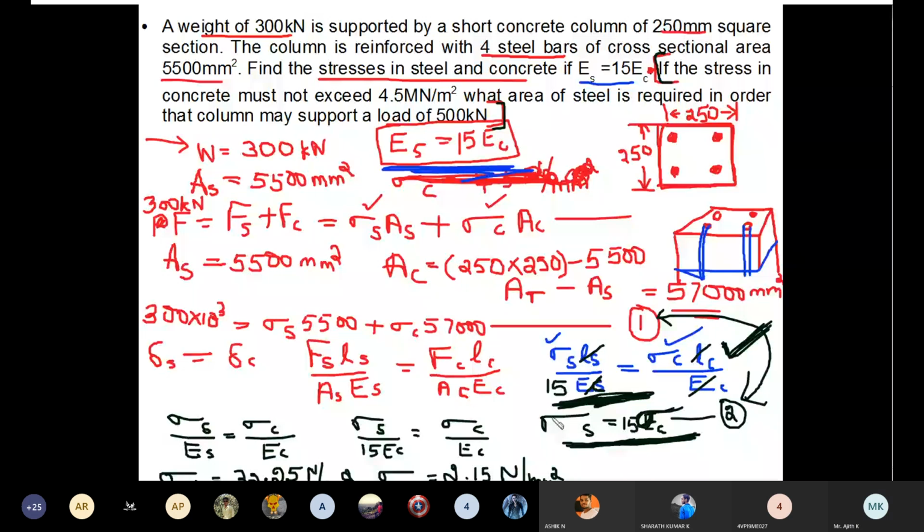So sigma S is equal to 15 times sigma C. By simplifying this, you will get sigma S is equal to 15 times sigma C. And then the final answer: sigma S is 32.25 Newton per mm square, and sigma C is 2.15 Newton per mm square.